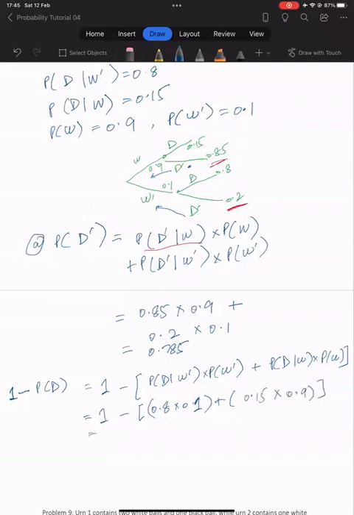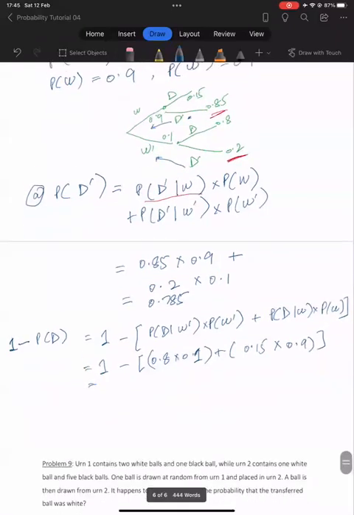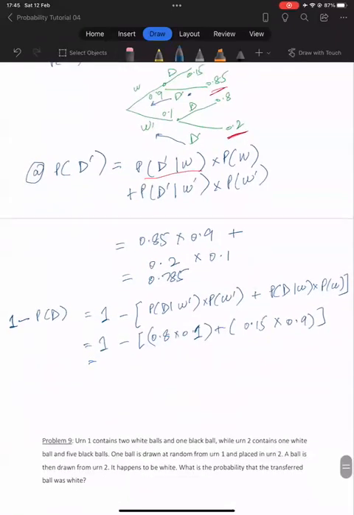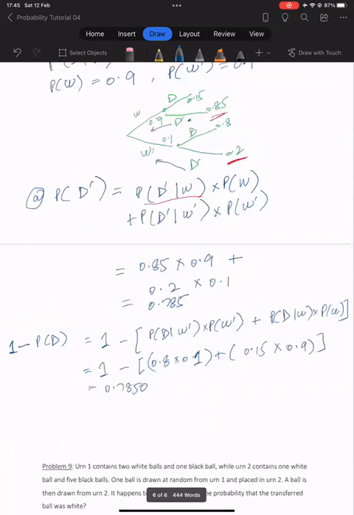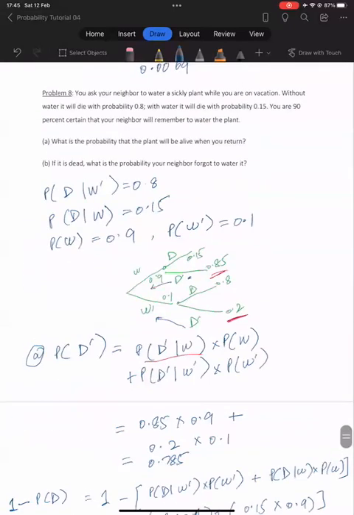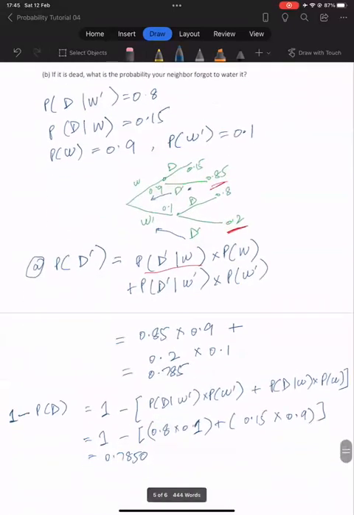And again, we can just put it in the calculator and get the same answer, I think. I'll just check also. Yep, 0.7850.